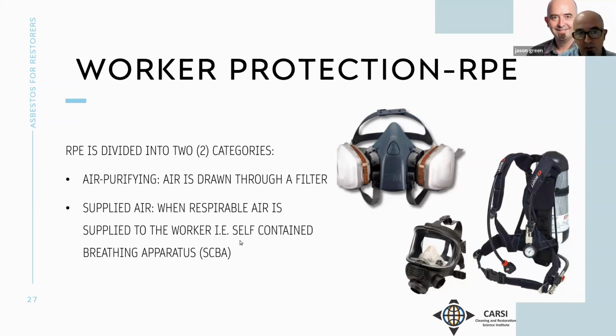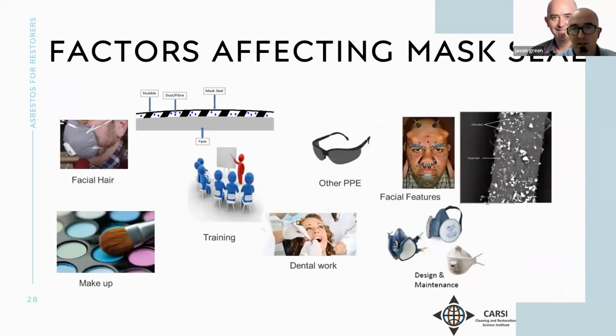The other type is a supplied air respirator or SCBA, self-contained breathing apparatus. That's a much higher level of control, which is not necessarily needed in an asbestos removal situation, but those are the two main categories.